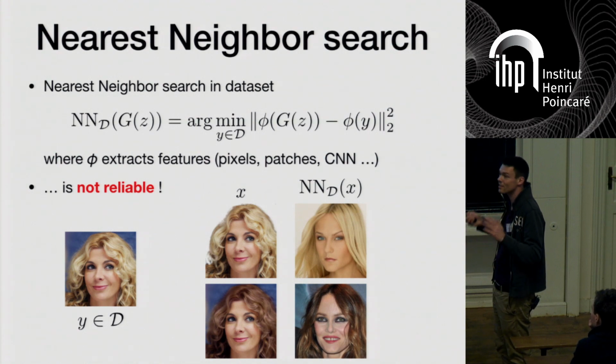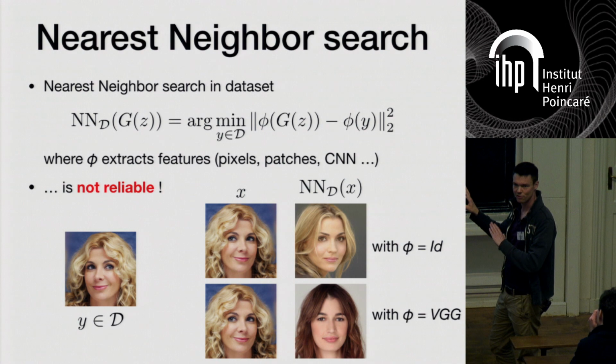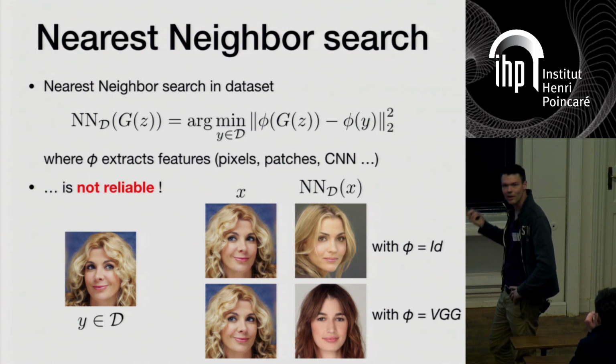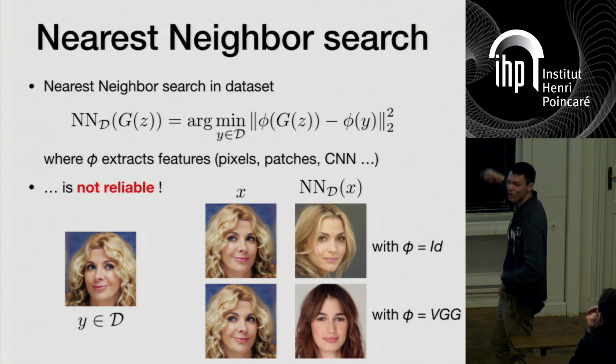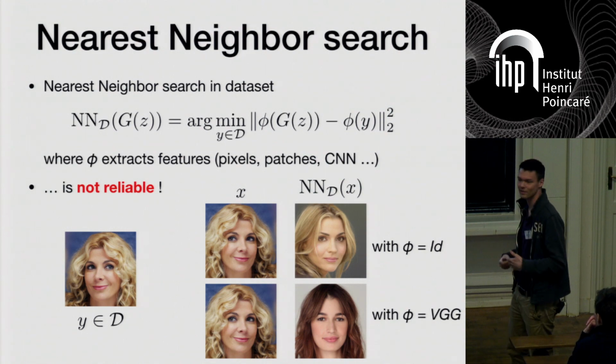So we could at least have obtained the same person, but no. If I just flip the image, which is not done during training here, I get, again, another identity. Okay? Using pixel values or even VGG features, which are much more complicated, it doesn't work.